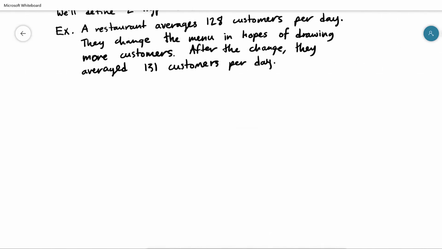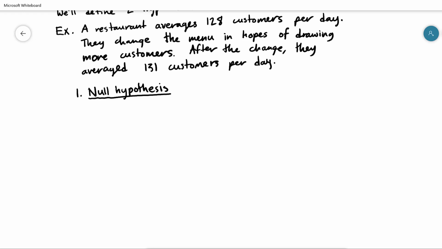The first one we're going to call the null hypothesis. And in math, the word null basically means nothing. So the word null means nothing or zero, and in this case, the null hypothesis is going to be that there was no change. Nothing was different after they changed their menu. And whatever differences we did see, so the fact that it went from 128 customers to 131 customers, that was due totally to chance.